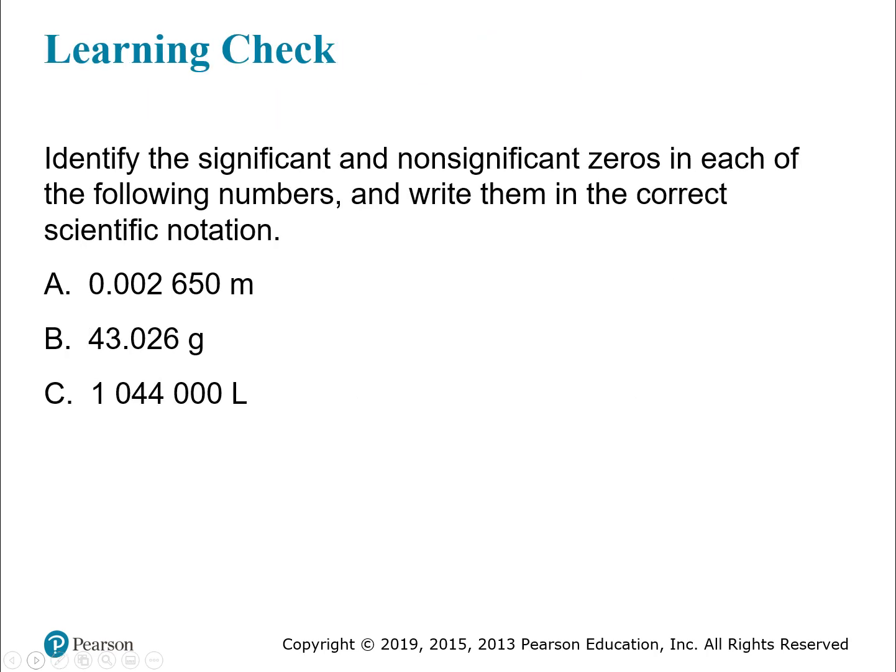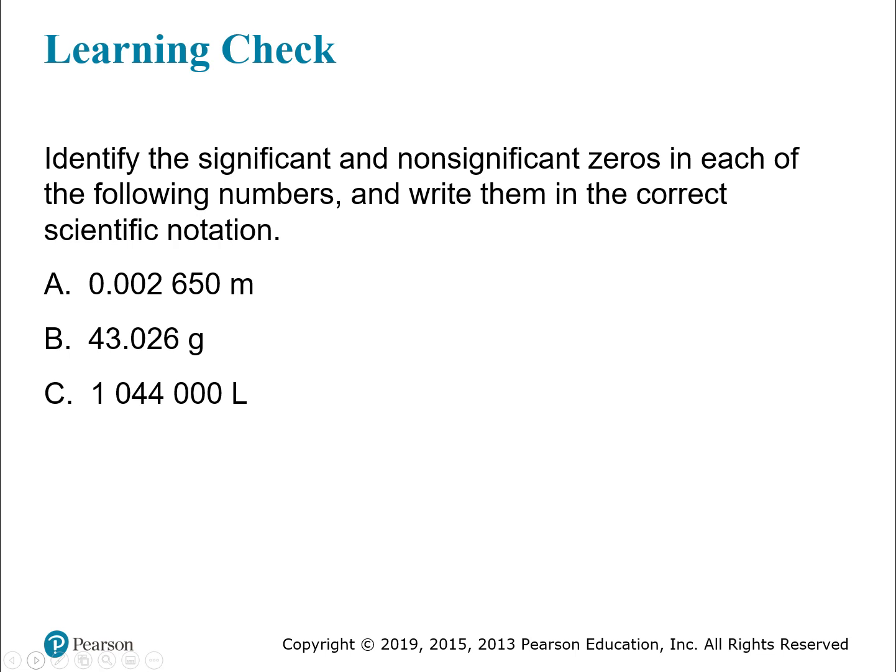Here's a learning check. So you're going to identify the significant and non-significant zeros in each of these numbers and write them in correct scientific notation. So when you write them in scientific notation, you're already kind of acknowledging which zeros are significant and which aren't, because the non-significant zeros should not end up in your answer.